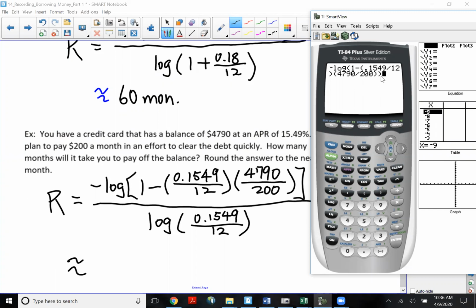Then close another parenthesis before we divide by log of 0.1549 divided by 12.